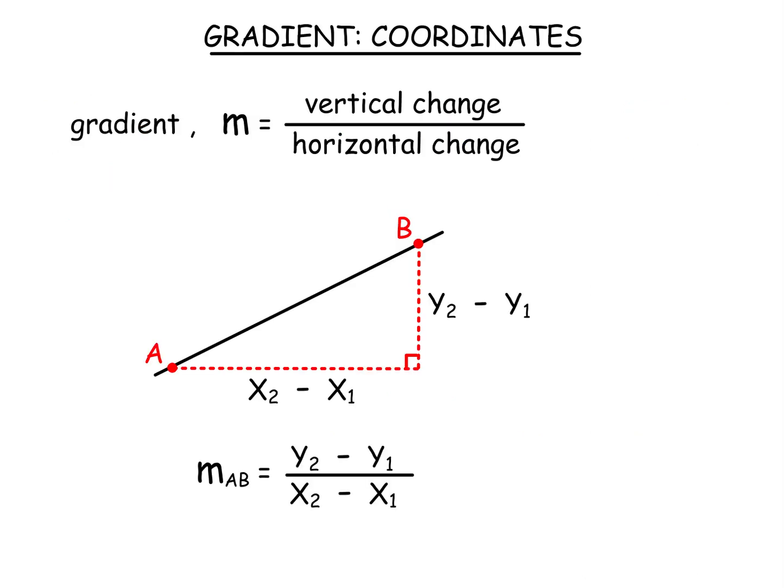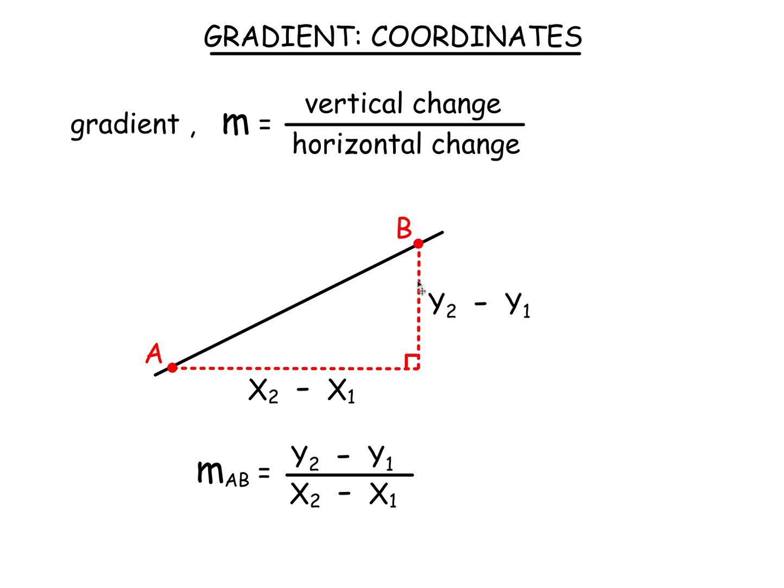And when we looked at coordinates, the vertical rise was the difference in the y coordinates. This is the y coordinate of the second point minus the y coordinate of the first point. This is the x coordinate of the second point minus the x coordinate of the first point.